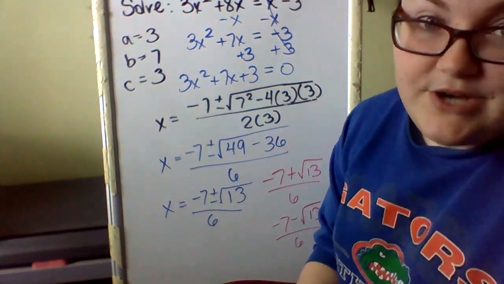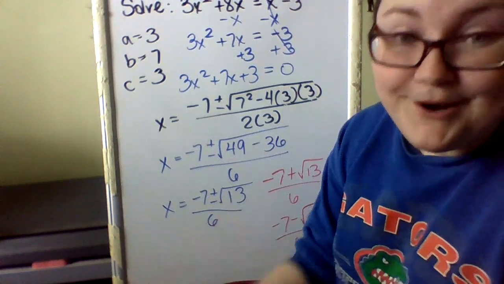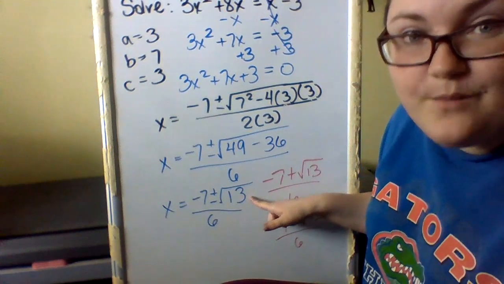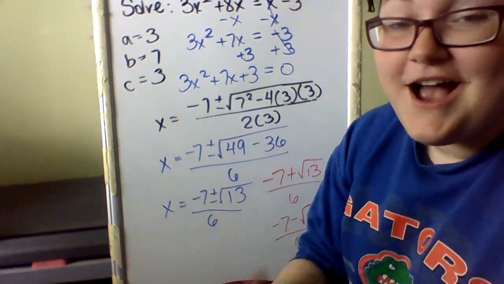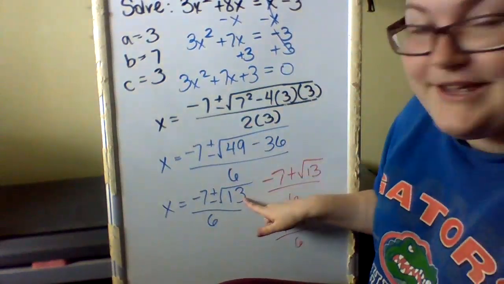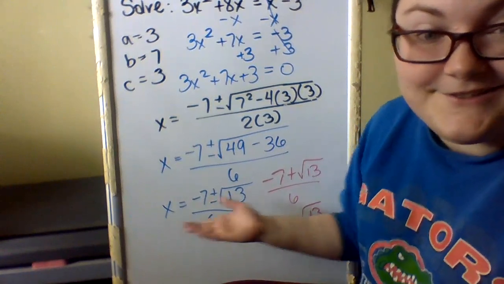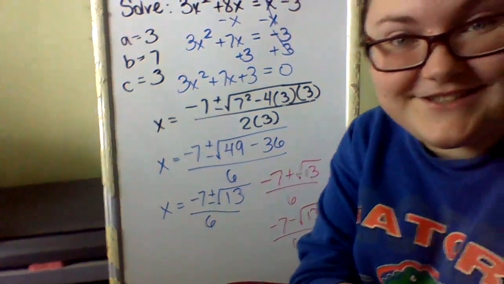So when it comes to the quadratic formula, there's a couple different options for what can happen. In part 1, when we got to this square root, every single time we were able to actually square root the number. That's option number 1. Option number 2 is you get a number like 13 that you can't square root, that you can't simplify, so there's nothing else to do. And these lovely things are what your answer choices look like.